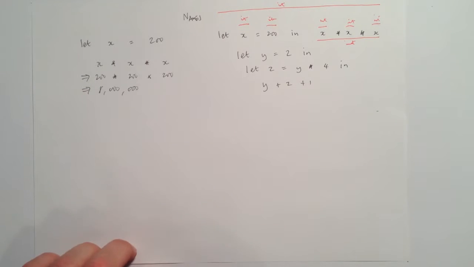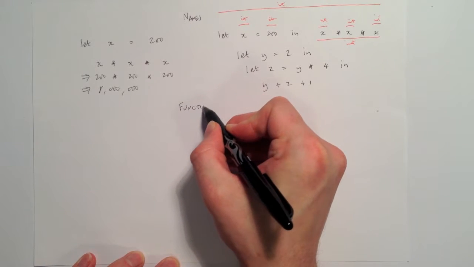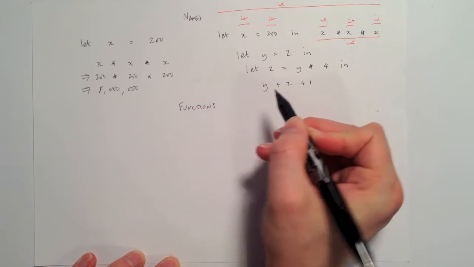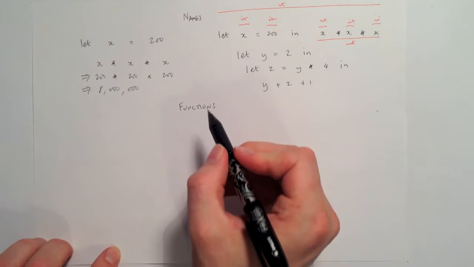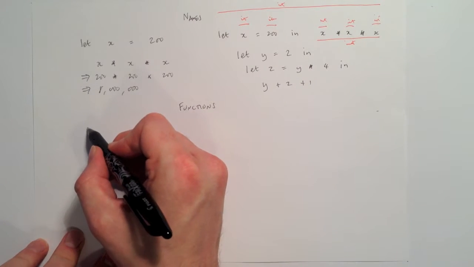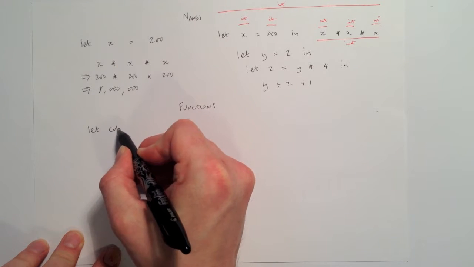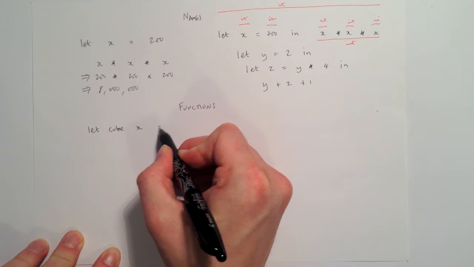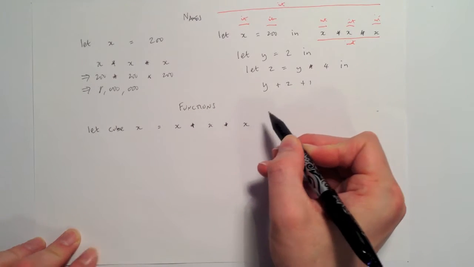Well, this is slightly useful, but it's not very useful. To go one step further, we want to create functions, which are expressions into which a value can be plugged to get a different result for which value you put in. So we could write a function let cube x equals x times x times x.